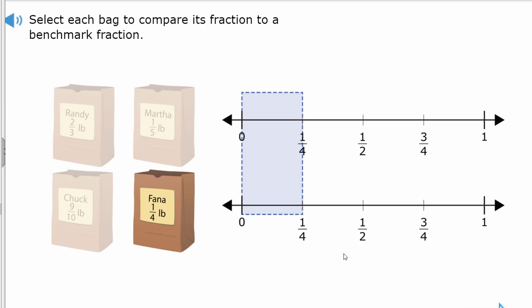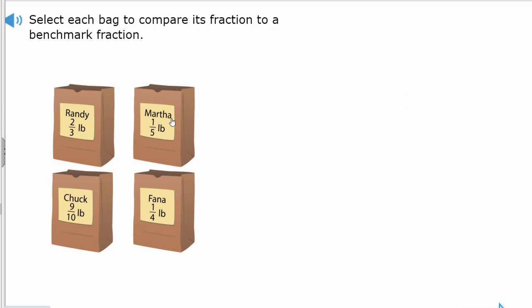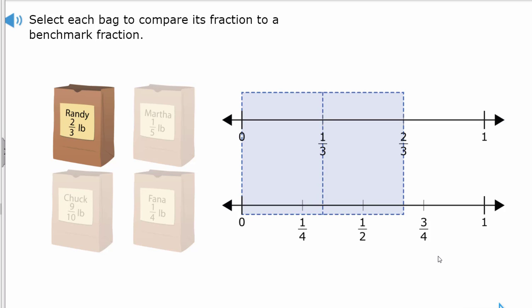Okay, let's see them again one by one. 2/3 is closer to which benchmark? My hero, the benchmark fractions are the second number line, not the first.